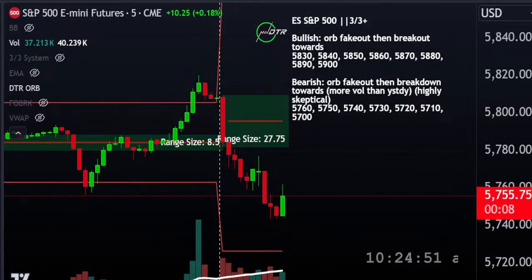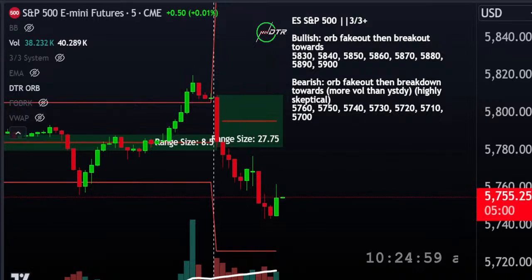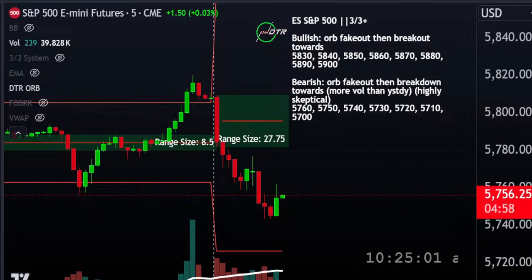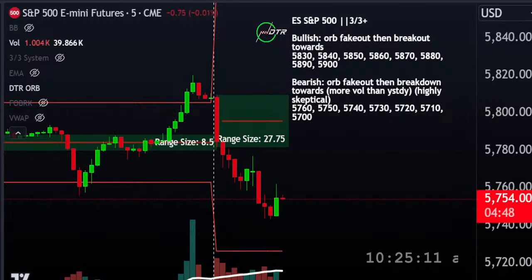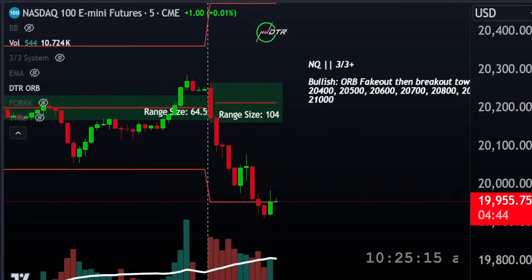Okay, neither of those candles are strong enough.